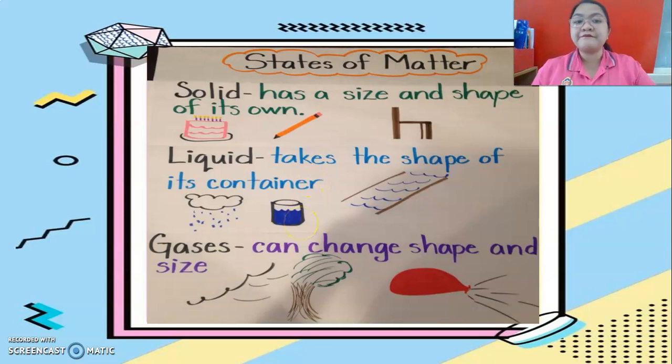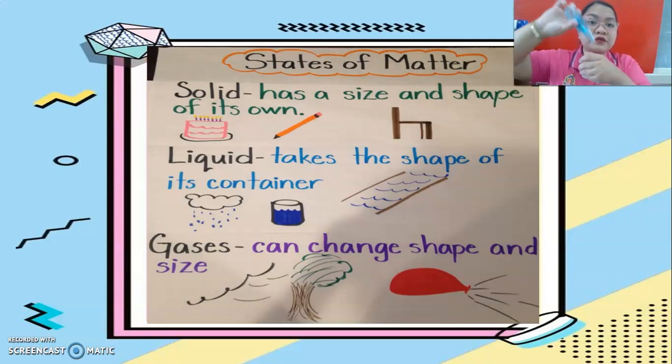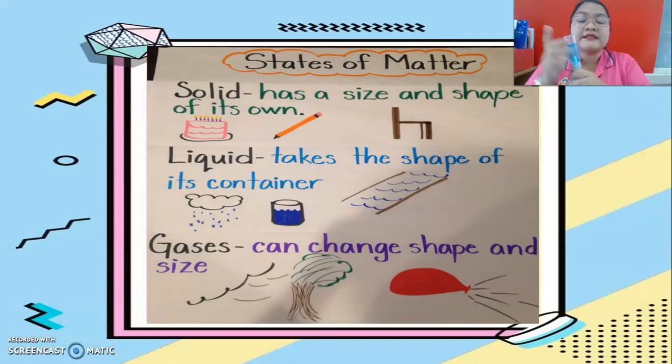Another example. For example, we have an alcohol. The alcohol takes up the space of this container. But if I change the container, the alcohol will take the shape of the new container. And the last one, we have gas.